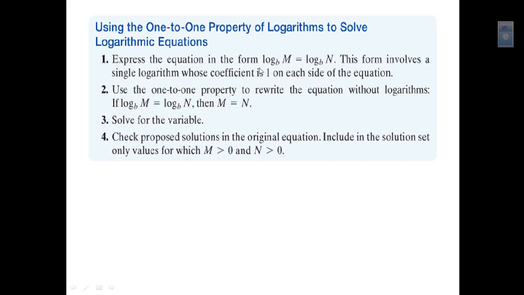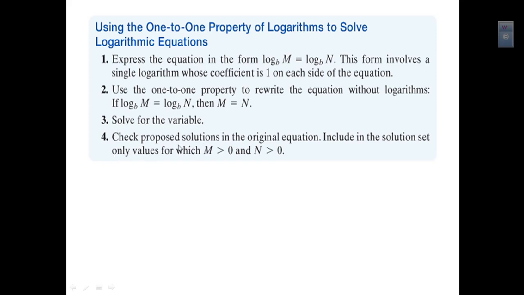If you can express the equation in the form log base b of m is equal to log base b of n, the only way that these two things are true is if m and n are the same number. And then you can solve for the variable.